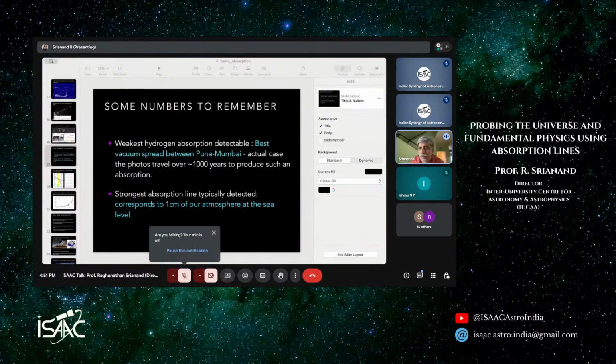If I want to produce the absorption locally, I need the best vacuum. I take the best vacuum chamber and spread it between here and Pune, and whatever absorption signature it can produce, we can detect it in space. But in space, how long will the photon travel?